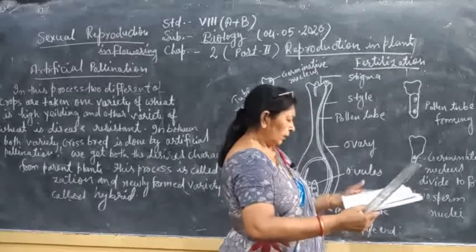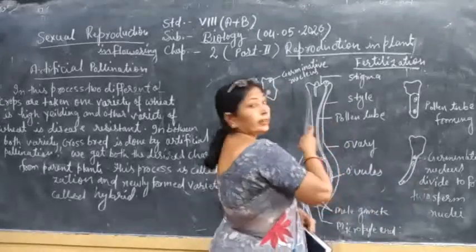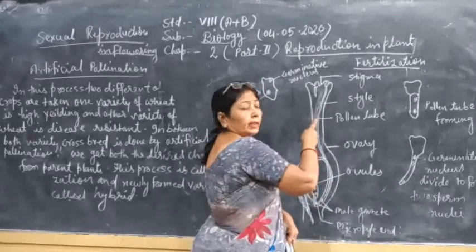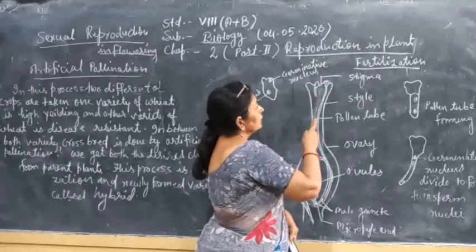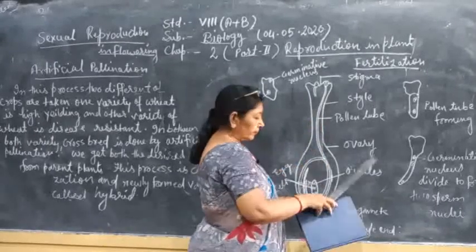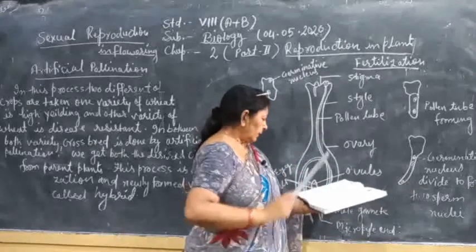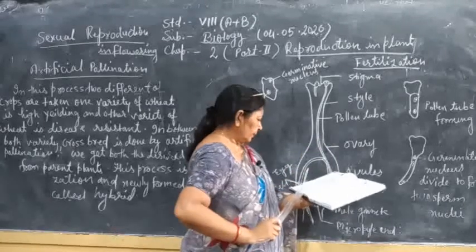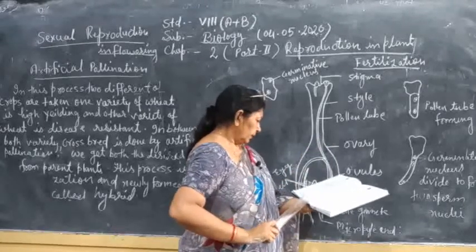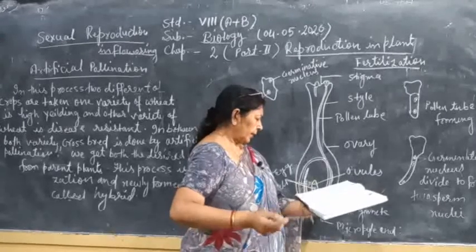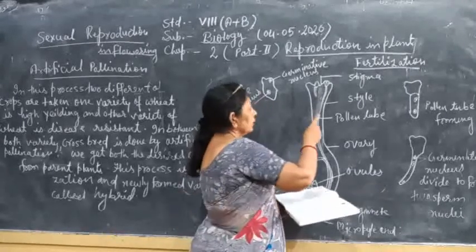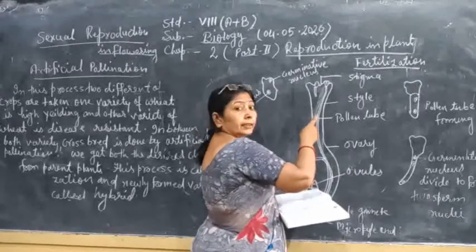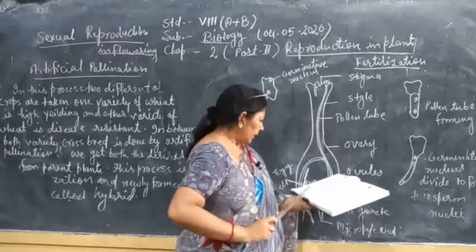Step one. When pollen grains are deposited on the stigma, they absorb water and nutrients from the stigma and germinate.